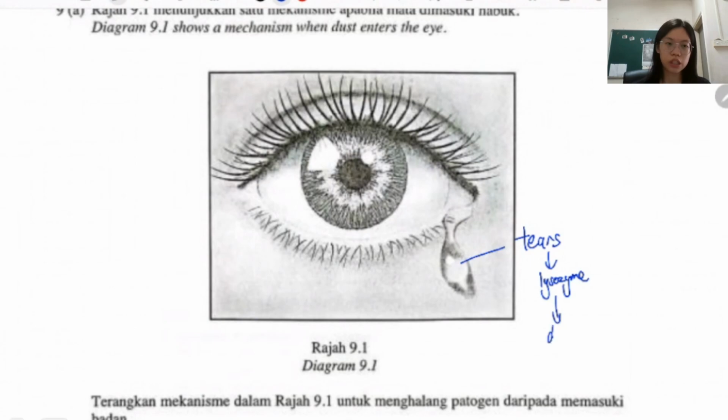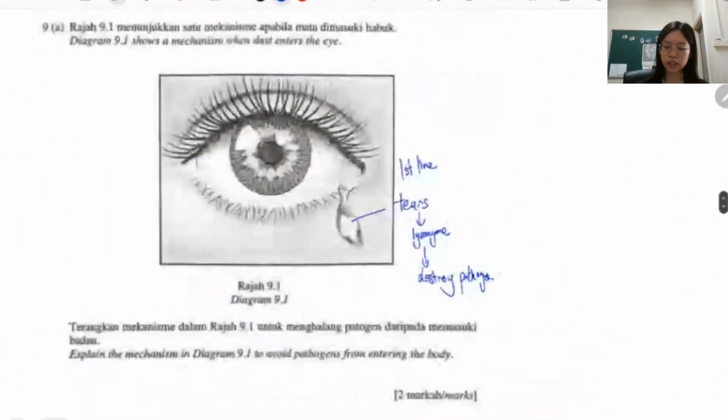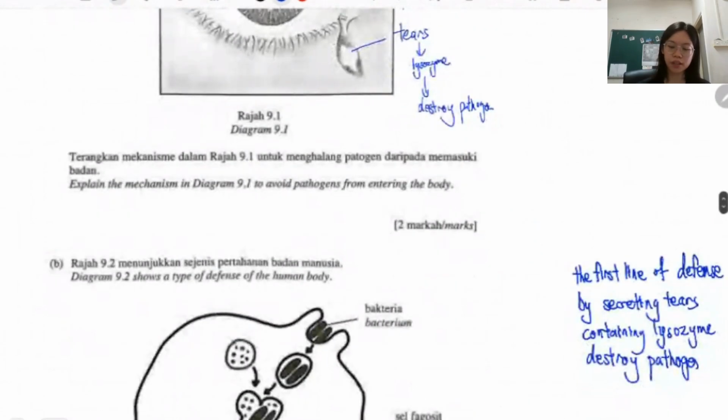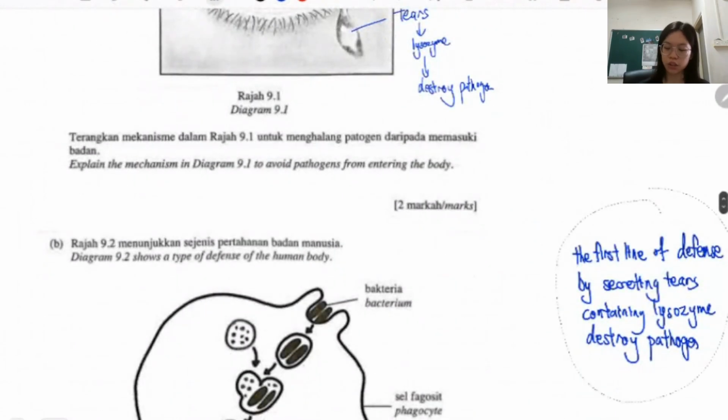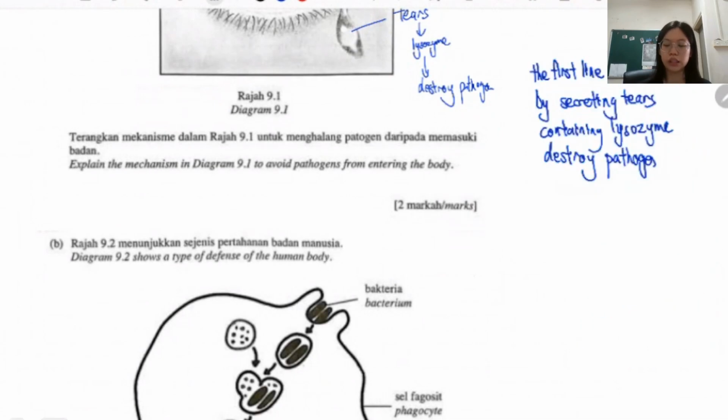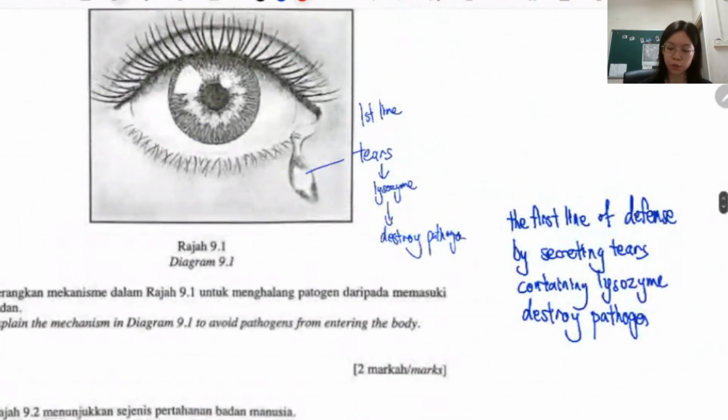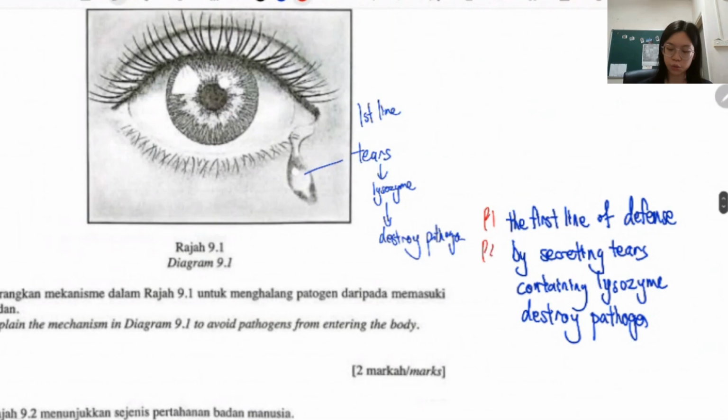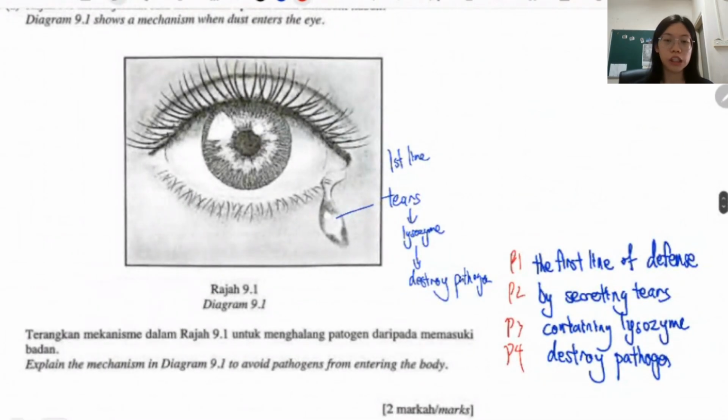It will destroy the pathogen. So you just mention this is the first line of defense, by secreting tears, the tears contain lysozyme. Then this lysozyme will destroy pathogen. That's how easy it is. Yeah, so points 2, 3, 4. Any 2 of these points, you get 2 marks right here. The explanation is actually quite direct lah.